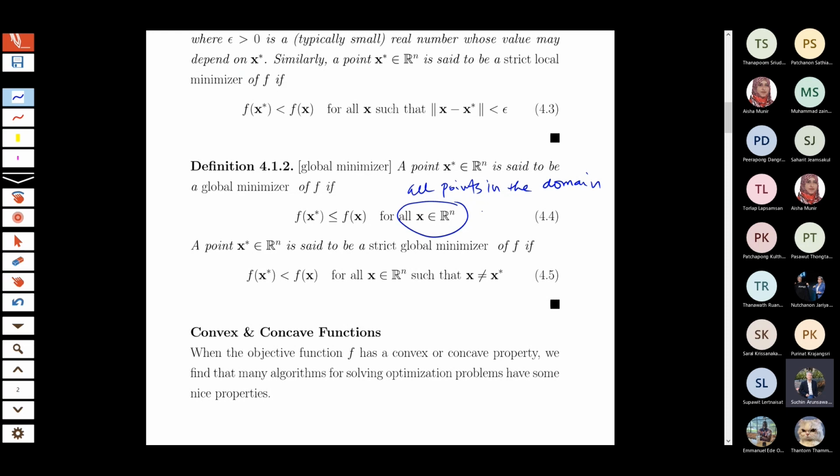The domain where the function f is defined.